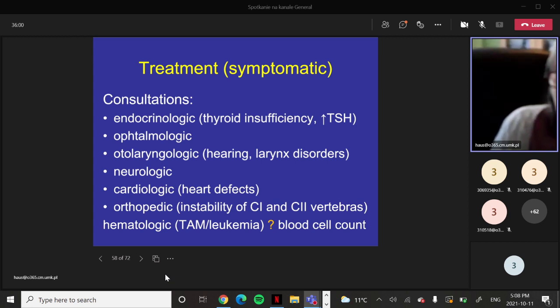This hypotony concerns not only the muscles, but also, for example, the larynx and palate and so on. Neurologic problems, for example general hypotony, cardiologic because of heart defects, orthopedic problems, orthopedic consultations.